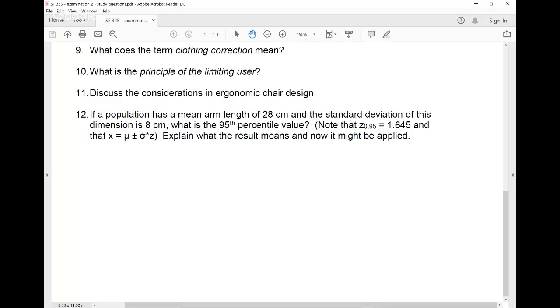So you measure the arm length of everyone at your site, your operation, your facility, whatever, airport, airline, and you find that the average arm length is 28 centimeters.